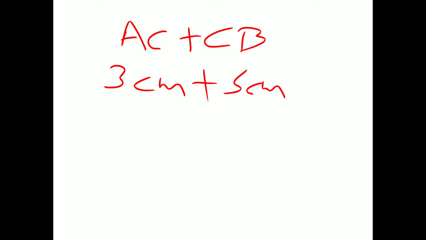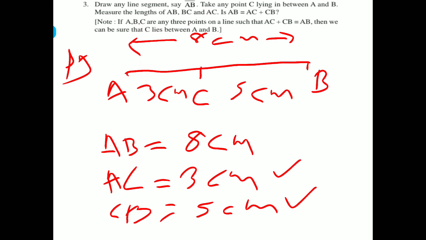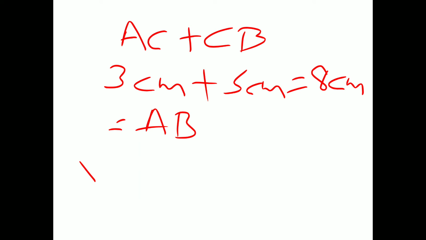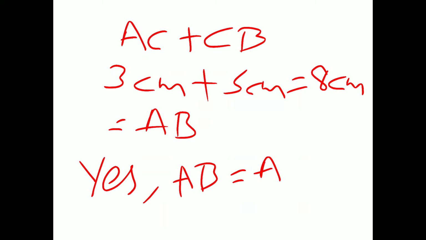When you add them, it comes to 8 centimeter, and 8 centimeter is the length of AB. Clear? Means they are equal. So is AB equal to AC plus CB? What do we write? Yes, AB is equal to AC plus CB. Clear?